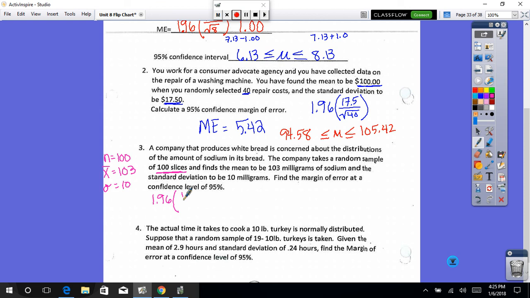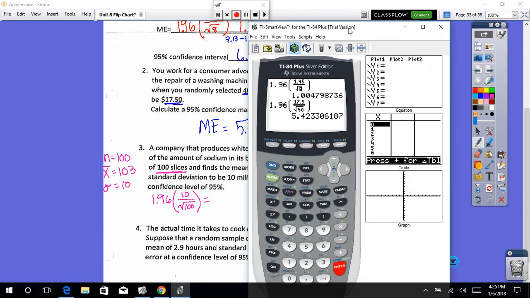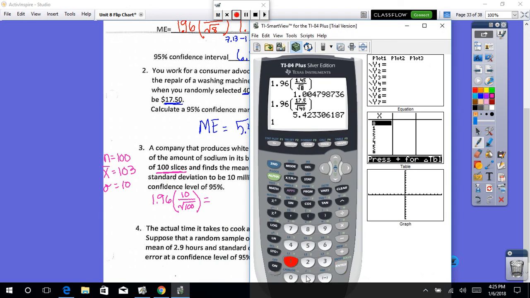Standard deviation on top, the square root of my sample size, which was 100. In my trusty calculator, square root of 100. And I get a margin of error of 1.96.